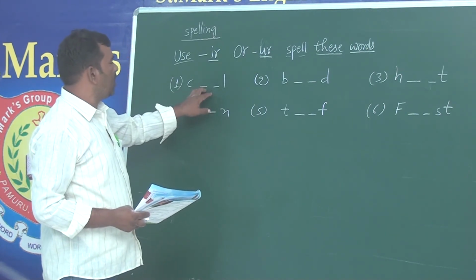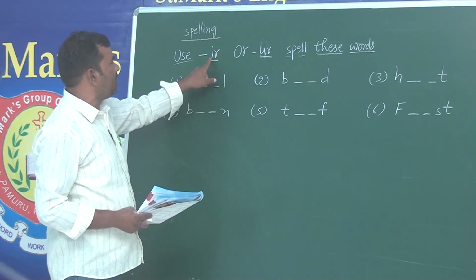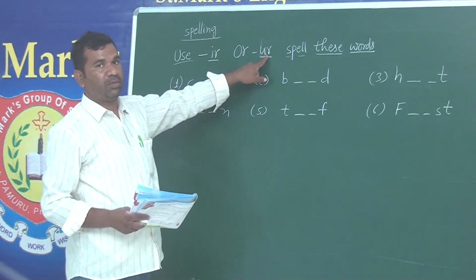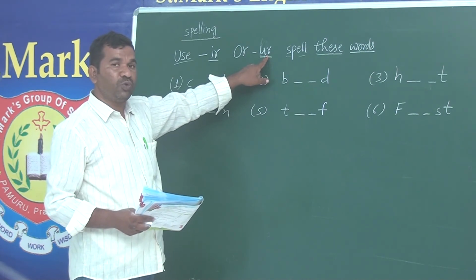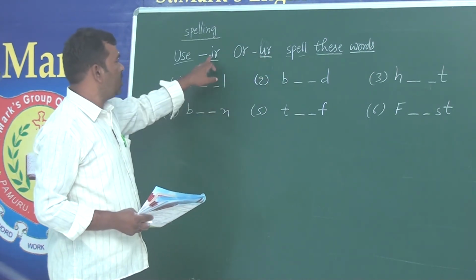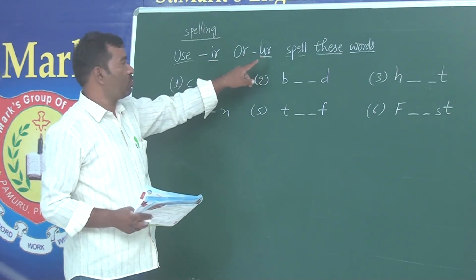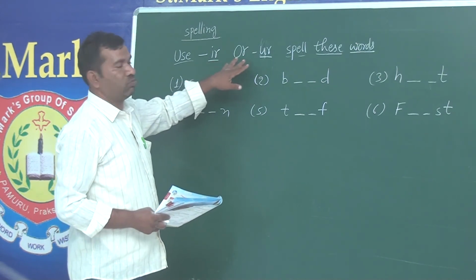When you fill these, you have to fill these blanks using either IR or UR. You got my point? Which letters do you have to use to fill these blanks? Either IR or UR. You have to use any one of these two.